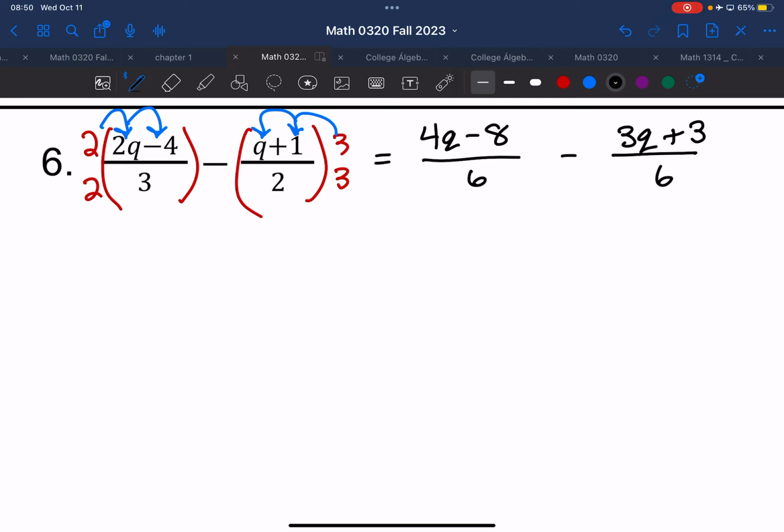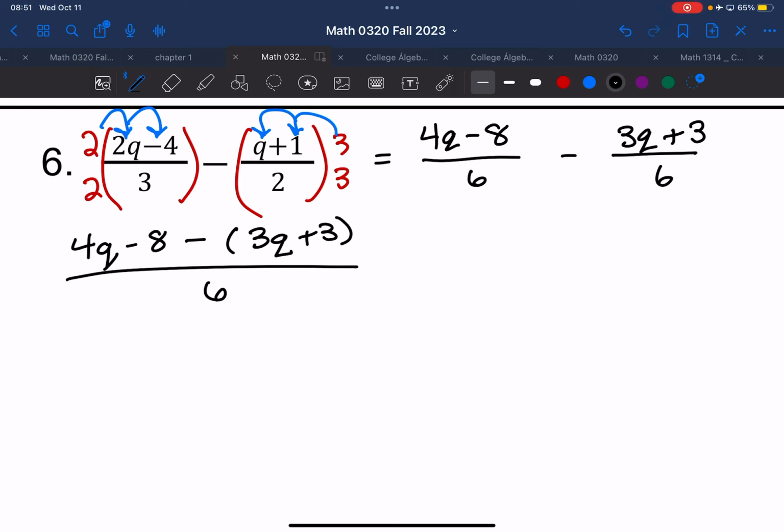Okay, so these are my new expressions, now with a common denominator. What am I doing with the 2 numerators now? Subtracting. So I have 4q minus 8 minus, and I need to put that second numerator in parentheses because of that minus. So 3q plus 3 all over 6.